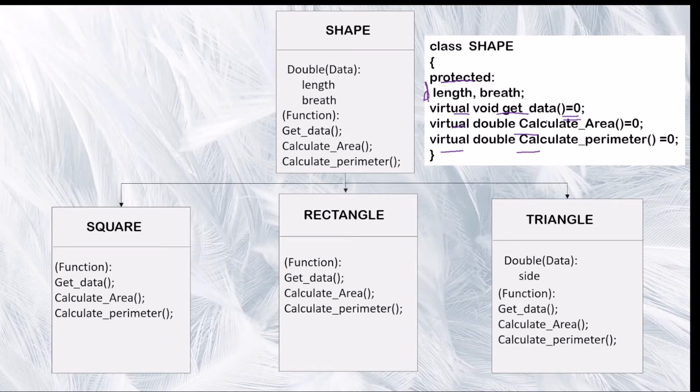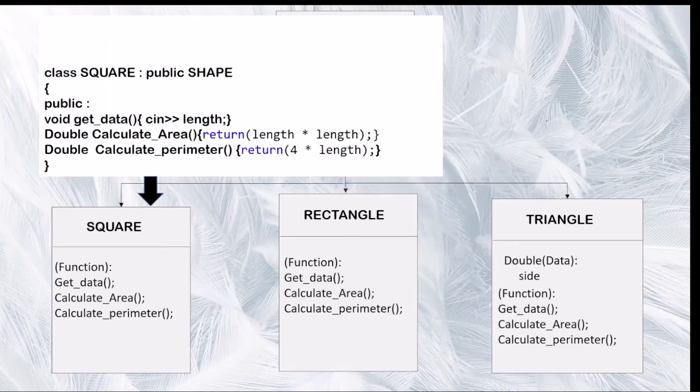So next, let's write the code for the derived classes. So this is the code for the derived class. Public, we are going to write the code for get data, calculate area, and calculate perimeter. It returns a double value.